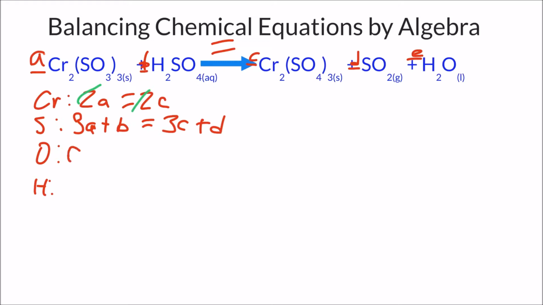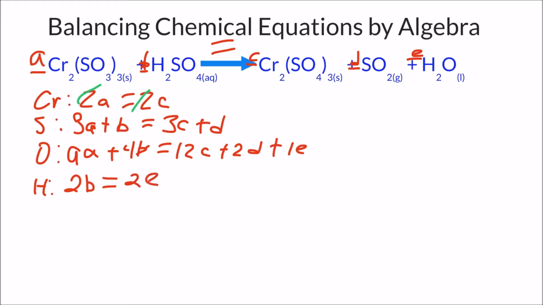We have 9 oxygens in the A term, we have 4 in the B term, we have 12 in the C term, we have 2 in the D term, and we have 1 in the E term. Alright, and then finally hydrogen. We have 2 in the B term, and we have 2 in the E term. And since they both have 2's, that goes away, so it's really B equals E.